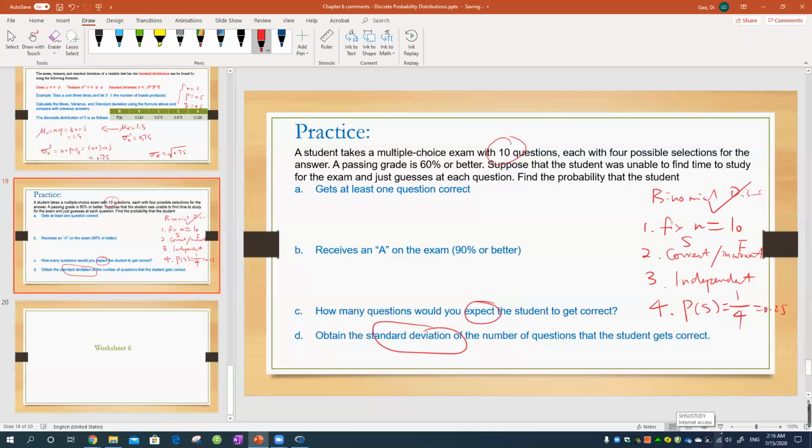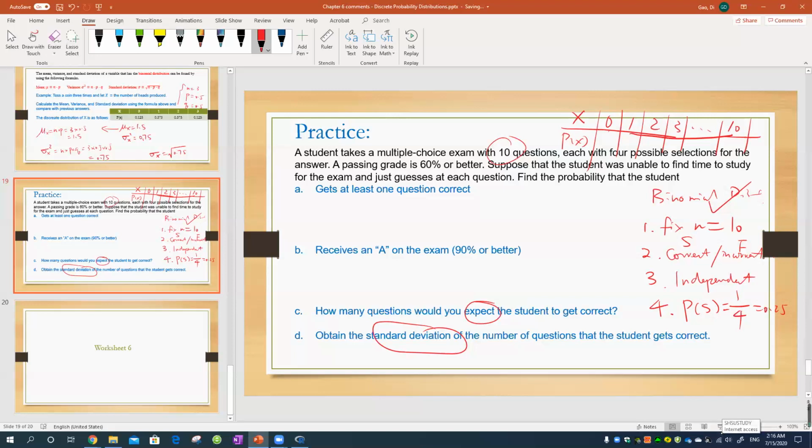Then, get at least one question correct. We can first look at all possible values x can take, and then just draw a table. The possible values x can take start from 0, so no correct, 1, 2, 3, up to all correct. So 11 different values x can take.